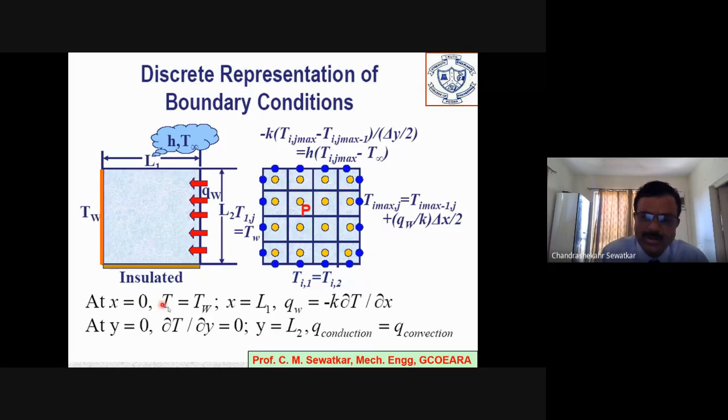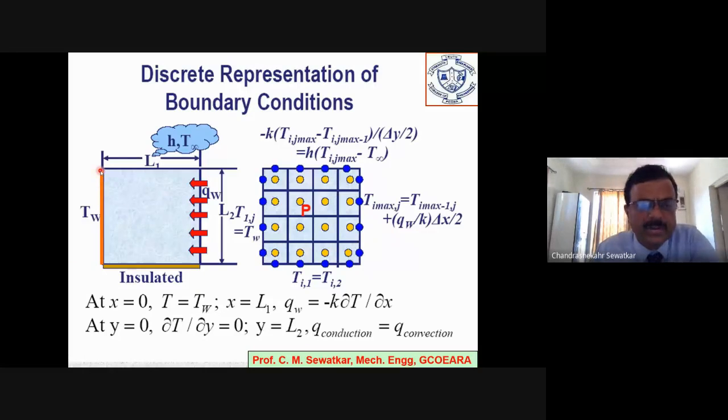If you know the derivative, that is not sufficient. You need to know temperature. If it is a fluid flow problem, you need to know velocity. Knowing the gradient of velocity is not sufficient. So we are going to understand how to discretize the boundary condition so that we can implement it such that I know the temperature at these boundaries.